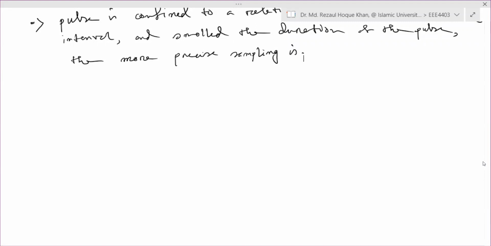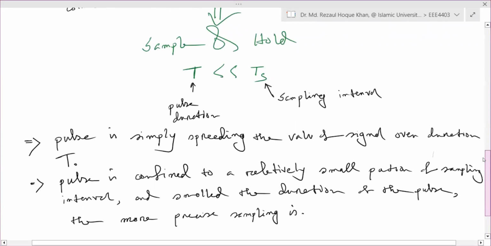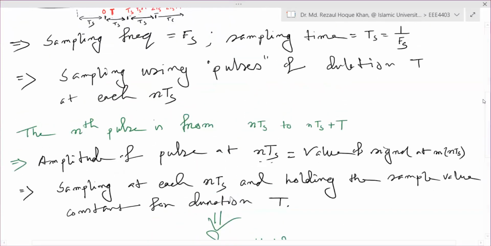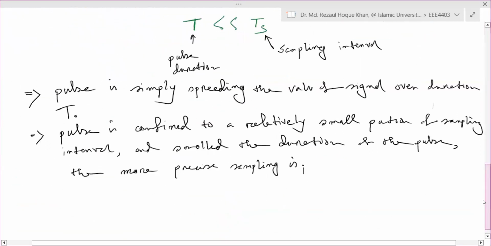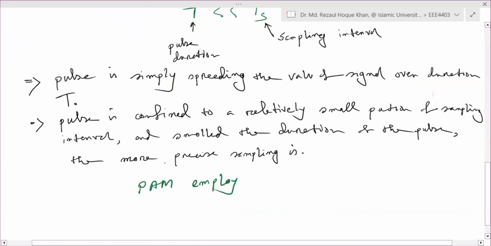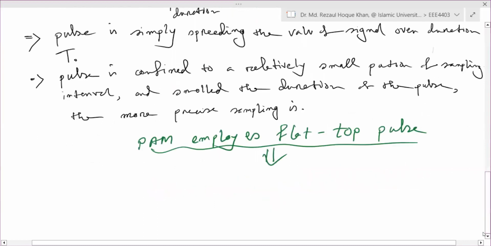So this is actually PAM, pulse amplitude modulation, also called sample and hold, or flat top, because it makes the top of the pulses flat for the region of T. PAM employs flat top pulses, which is also termed flat top sampling.